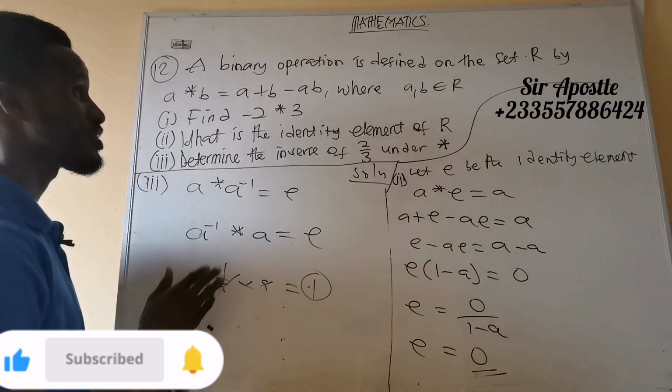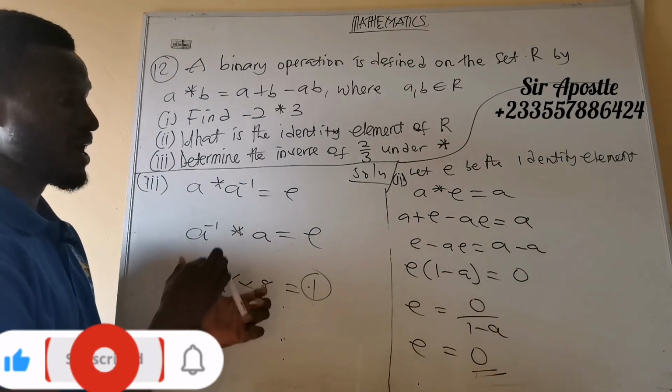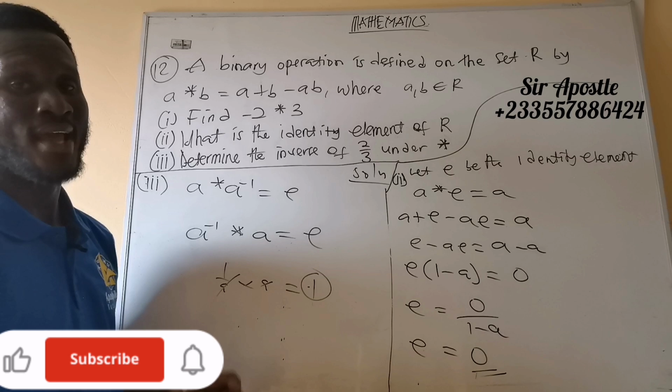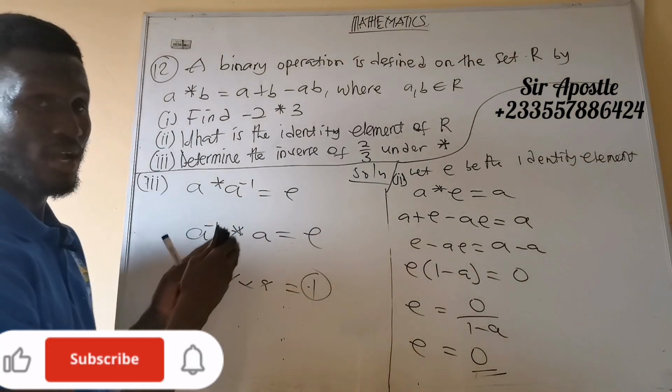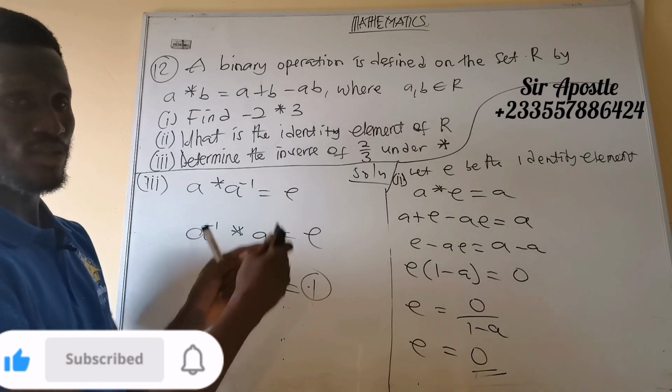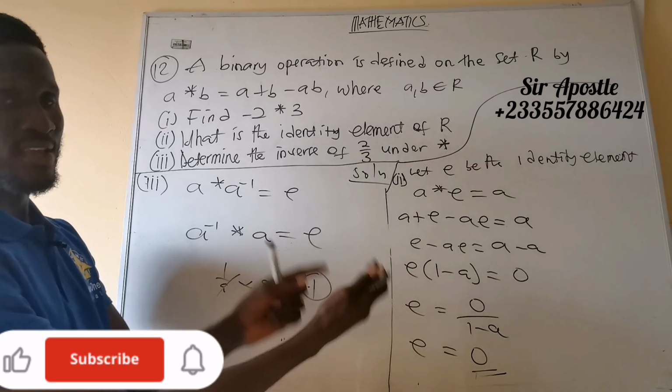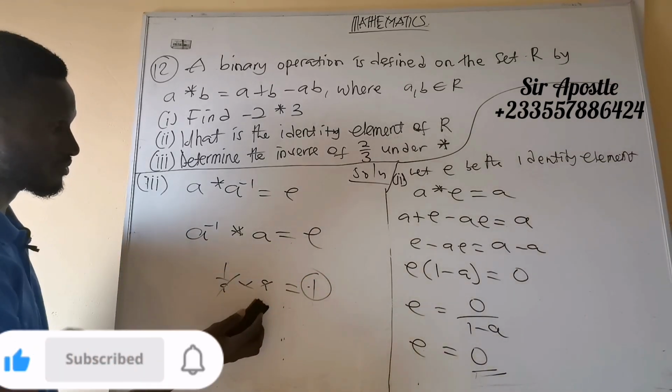So when it comes to a binary operation, we will say that a number and its inverse are supposed to give us an identity. A variable operating with its inverse is supposed to give us an identity.